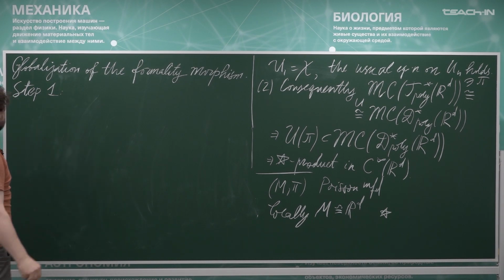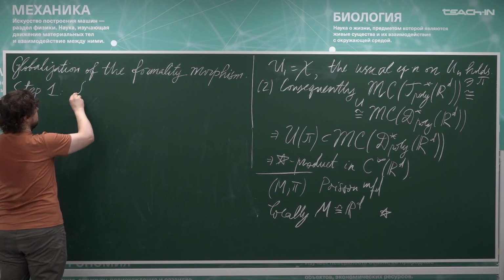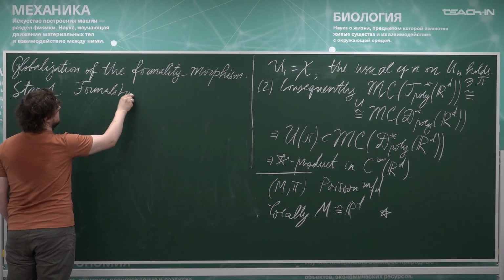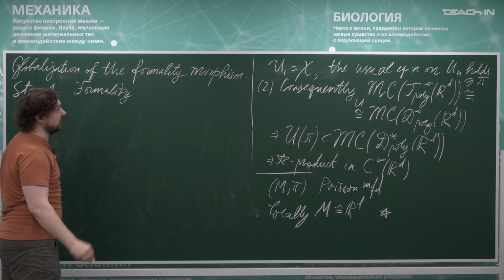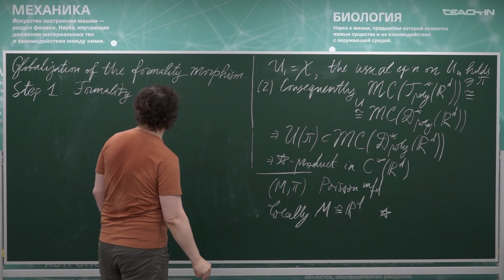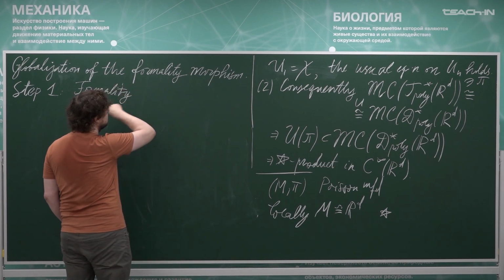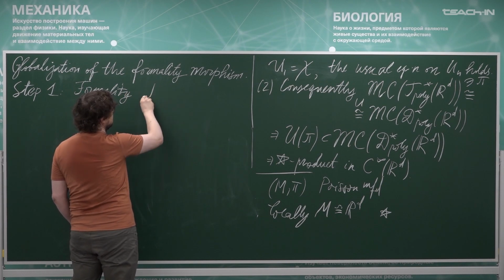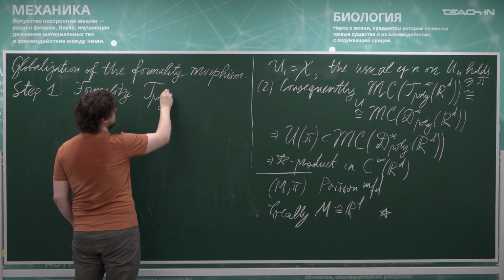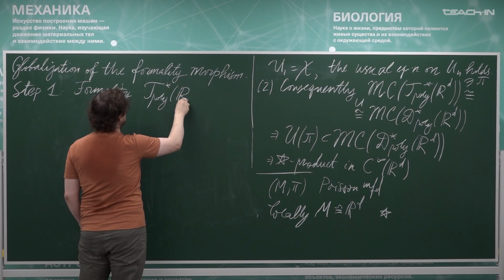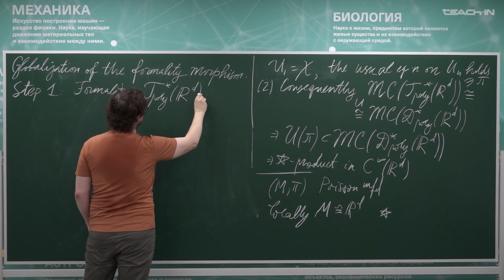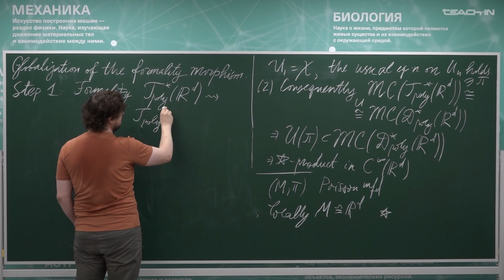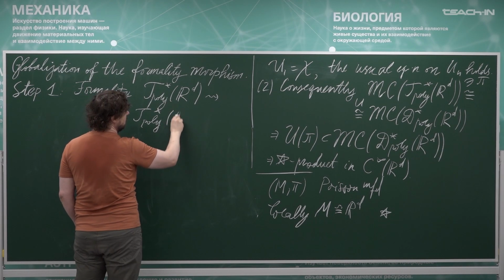We observe that the formality morphism Kontsevich introduced can be applied in a word-for-word manner not just to the space of functions or the space of polyvector fields on Rd, but to the space of polyvector fields on what they call formal Rd.